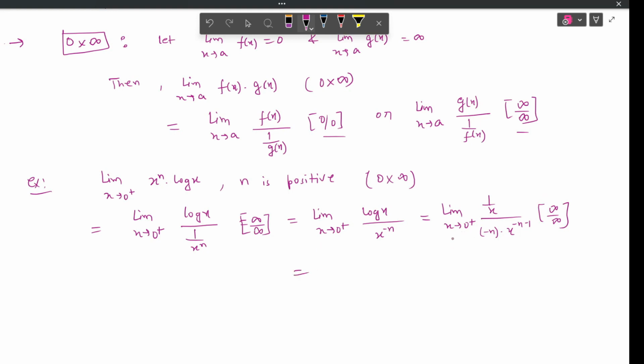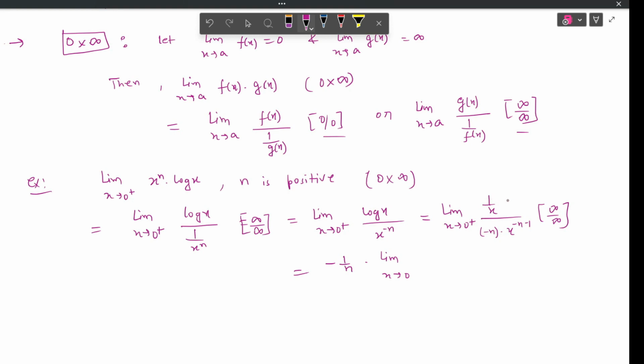If you take minus 1 by n outside, so it is limit x tends to 0, and if we simplify, this is x to the power minus 1, and this will be x to the power n plus 1.